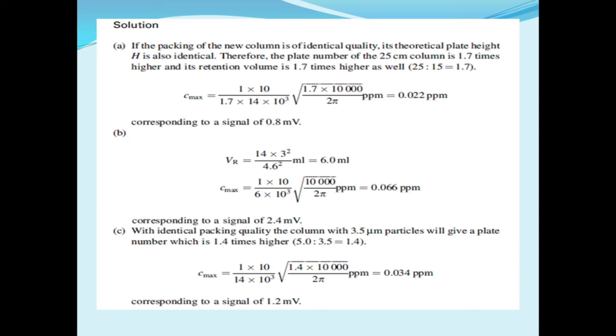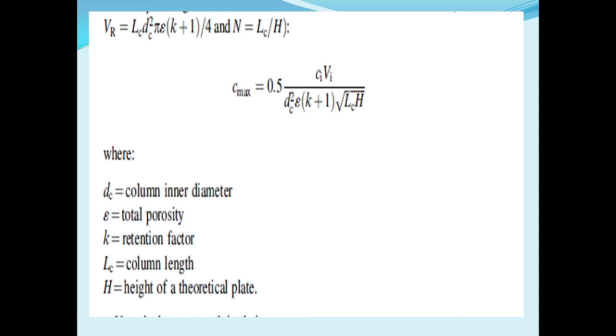Therefore Cmax depends on 1 upon root of Lc for a given sample concentration Ci. The peak dilution is less pronounced with a large injection volume, a high plate number and a small retention volume.